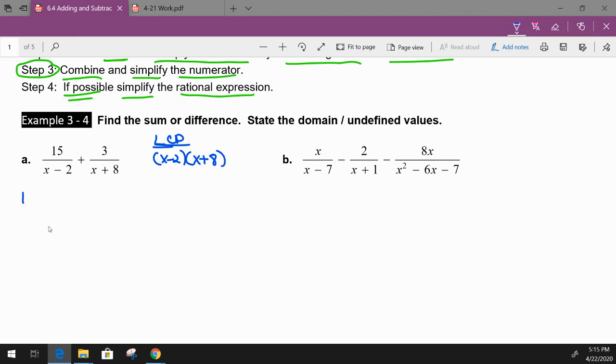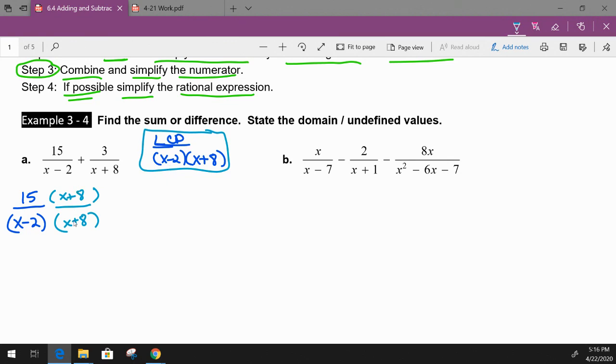So if we look at this first fraction, it already has a denominator of x minus 2. So in order to make it match this least common denominator, we have to multiply both the numerator and the denominator by an x plus 8.